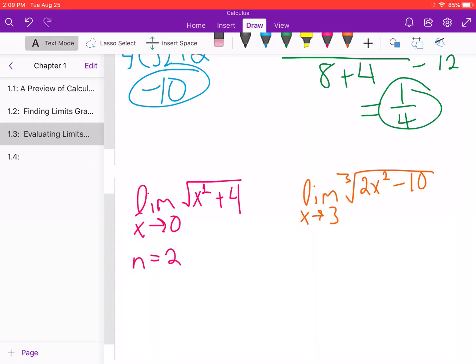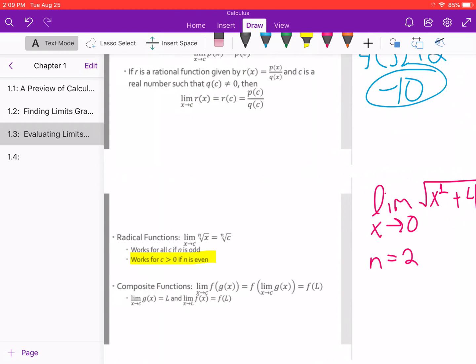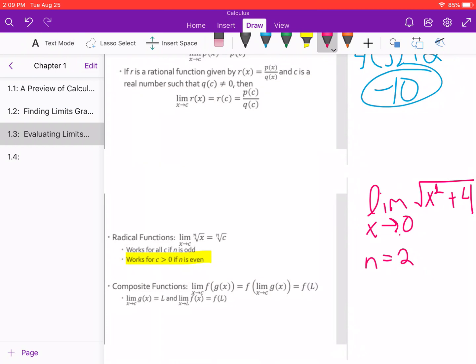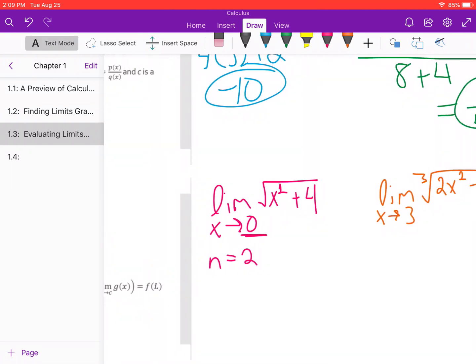So if we look back at our rule, c is 0, but c has to be greater than 0. So since our c value here is 0, and our n is even, this one actually we can't do. So I'm just going to do d and e.